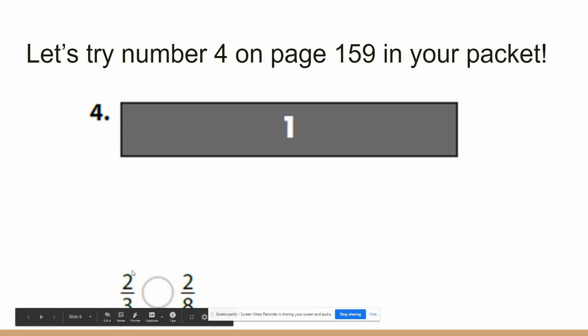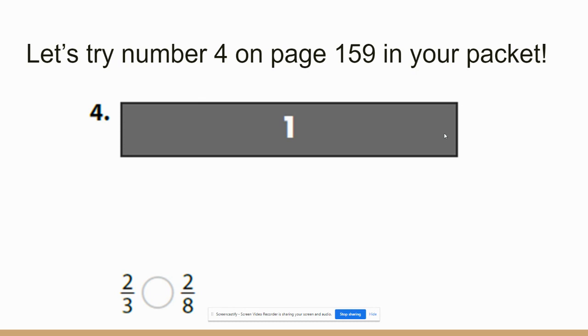So let's look at our first fraction, 2/3. We're going to figure out, maybe we need to draw underneath our one whole strip, a strip that shows 2/3. Let's take this step by step. So first, we're going to draw our strip. Let's think. Does our strip have to be the same size as one whole?